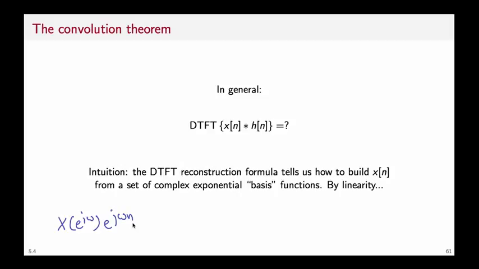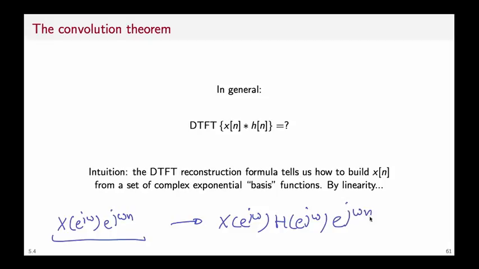And if I were to process a single sinusoidal component independently via a filter H, I would get H(e^jω) X(e^jω) e^jωn. So I wouldn't be surprised if the DTFT of the convolution of two sequences was just the product of the Fourier transforms. So let's go see how we can derive this more formally.